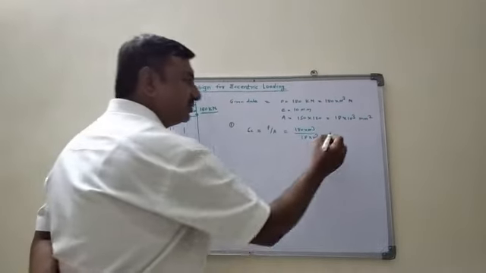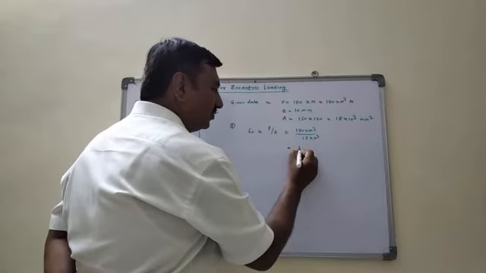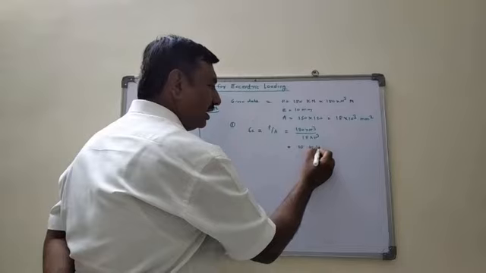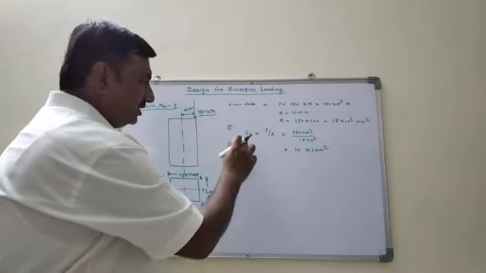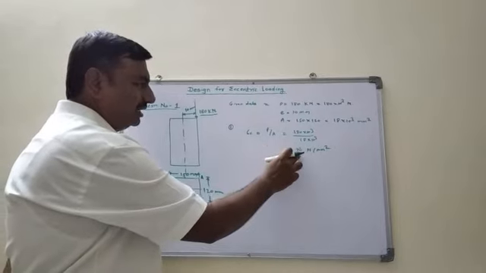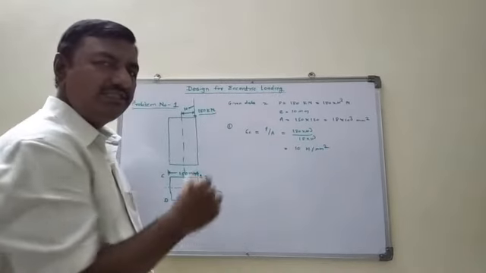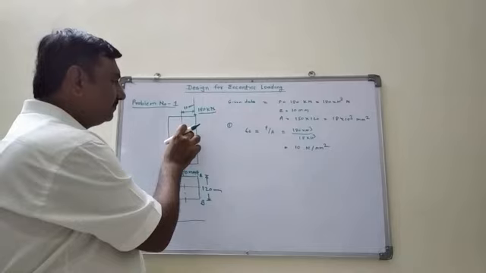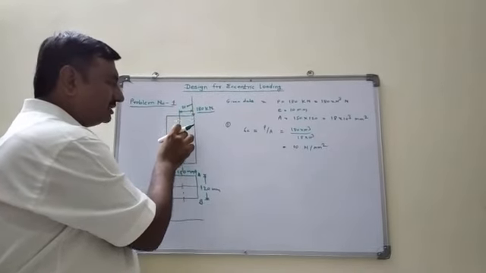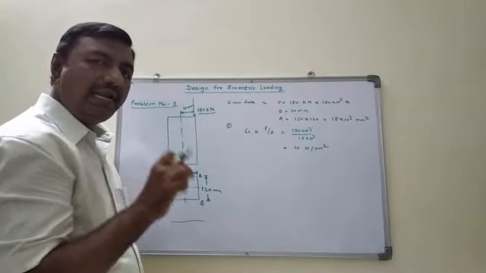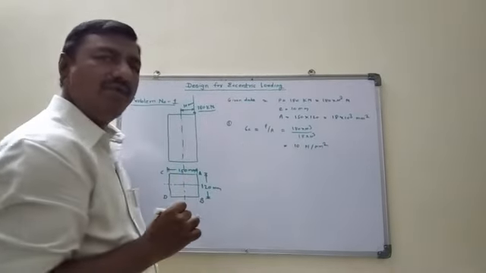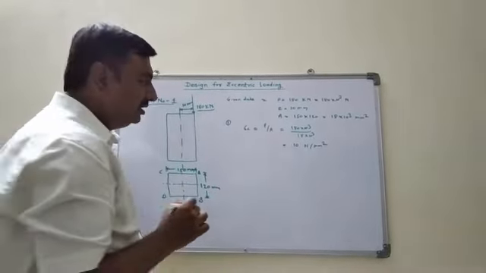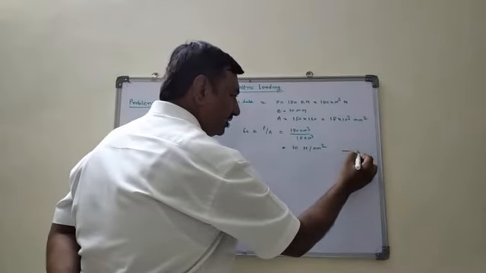So sigma C is equal to 10 Newton per mm square. Are you getting it? Here sigma C is calculated as 10 Newton per mm square. This is our first answer, when this rectangular strut is subjected to the direct compressive stress. So we can say this is equation number 1.